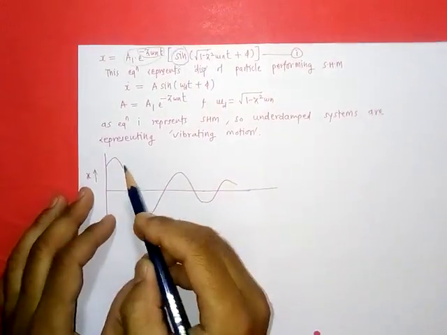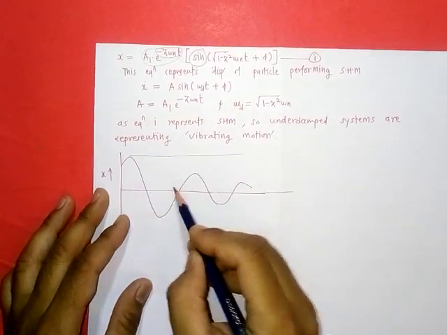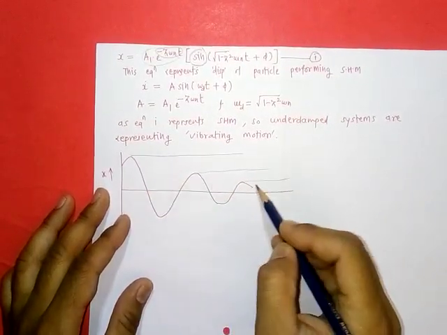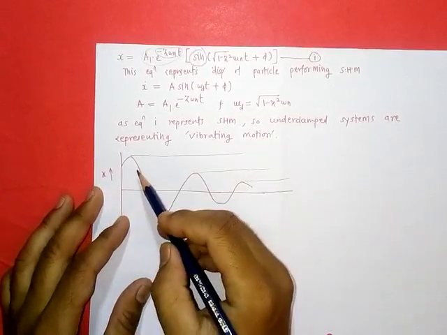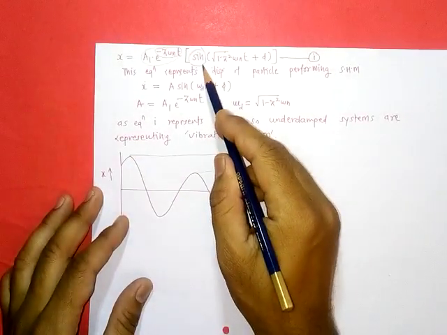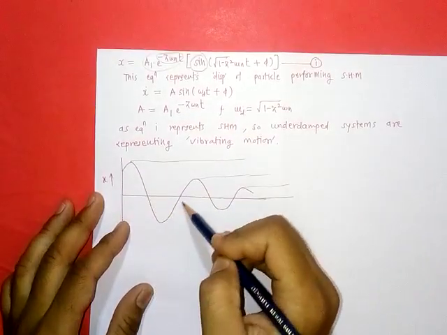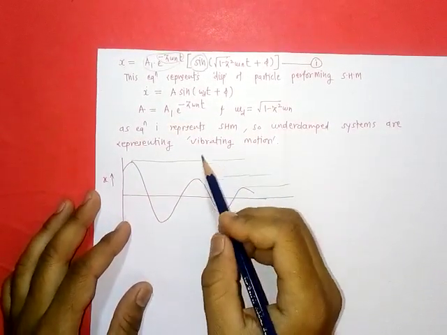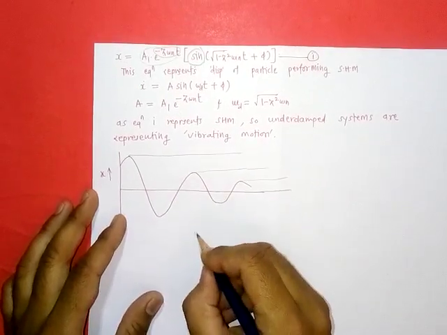So we see that the amplitude of each cycle continuously decreases, and as it is working on a periodic function, it crosses the equilibrium position. So underdamped systems are vibrating systems.